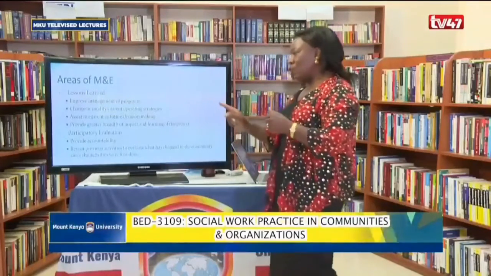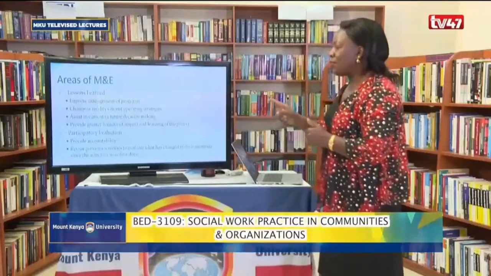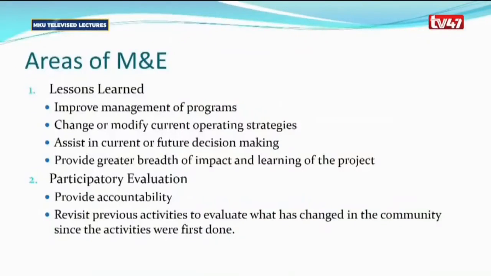Number two, or bullet number two, it helps revisit previous activities to evaluate what has changed in the community since the activities were first done. Remember, we have learned lessons. If we made mistakes in February and we are doing the monitoring in March, for example, are there things we are likely to correct if there are failures?